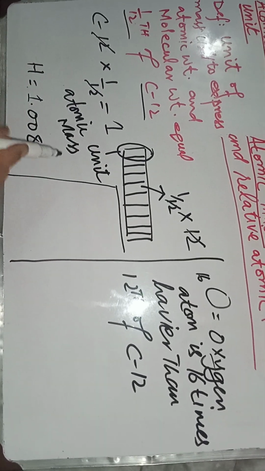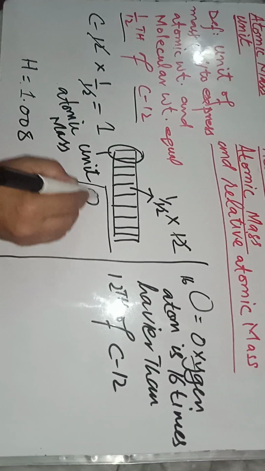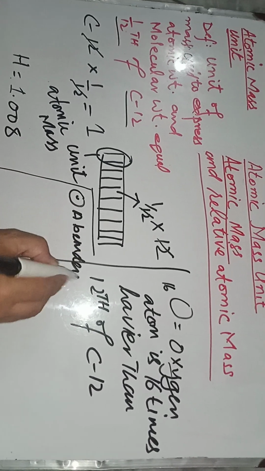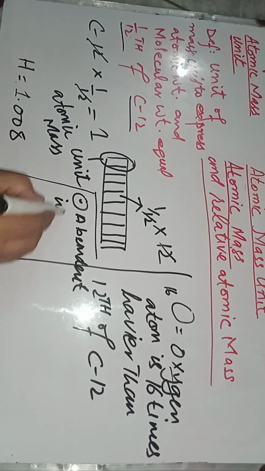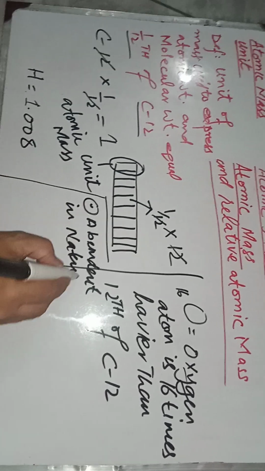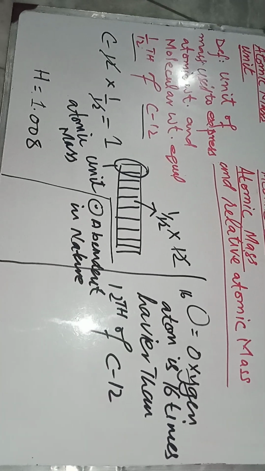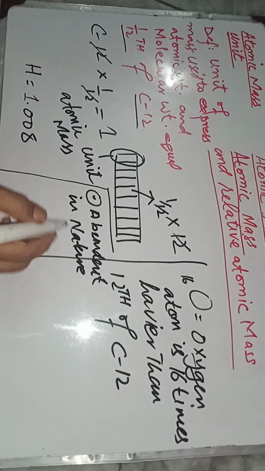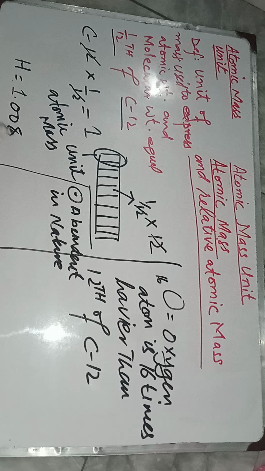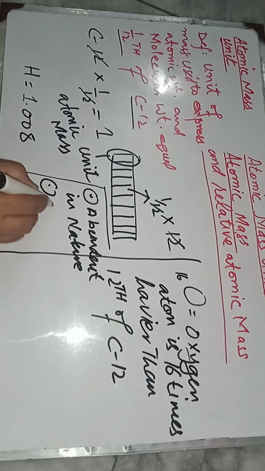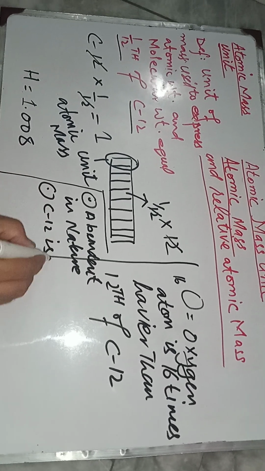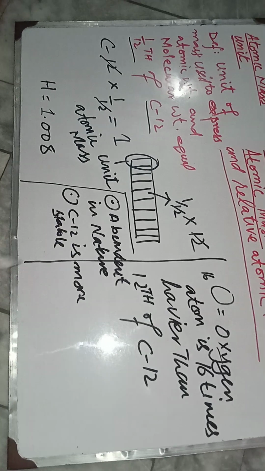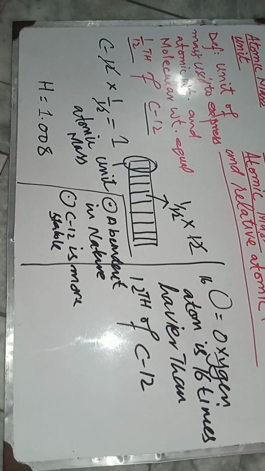Clear? One of the reasons is that it is abundant in nature, meaning it is found in greater amount in nature, carbon 12. Why not carbon 13 and 14? Because carbon 12 is more stable. Its nucleus is stable.